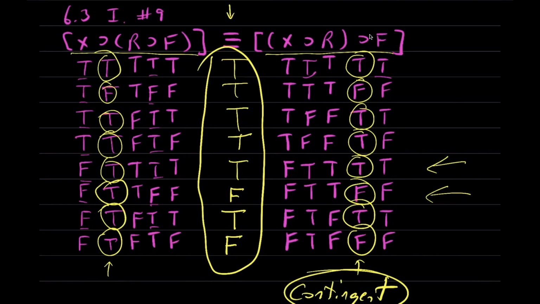Okay, let's do an example from the next section of exercises, comparing two different statements to each other. So I'm going to pick an interesting example. Let's do number 7. Just to make it easy to find for you, this is section 6.3, Roman numeral 2, and exercise number 7.